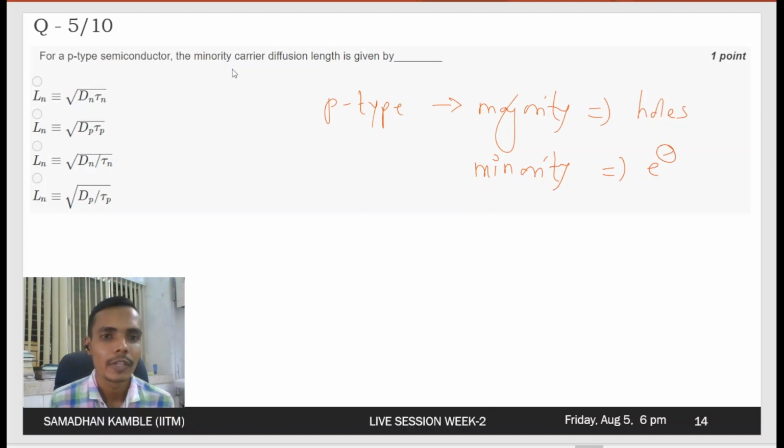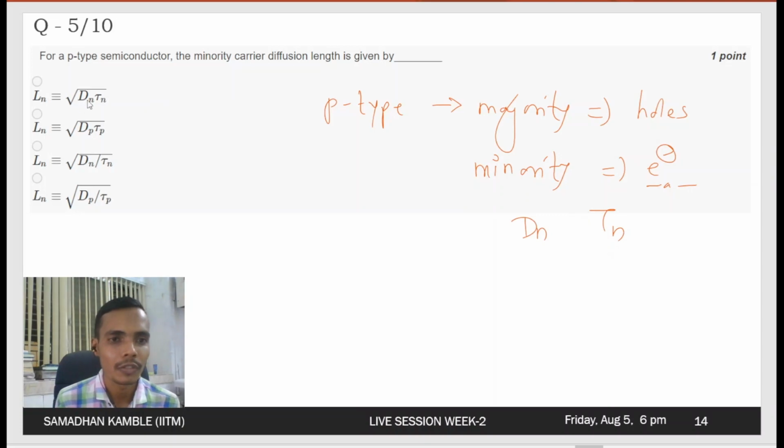So we need to calculate the minority carrier diffusion length, and in this case the minority carriers are electrons. So the diffusion length should have the diffusion coefficient Dn for electrons, and the characteristic time tau n.